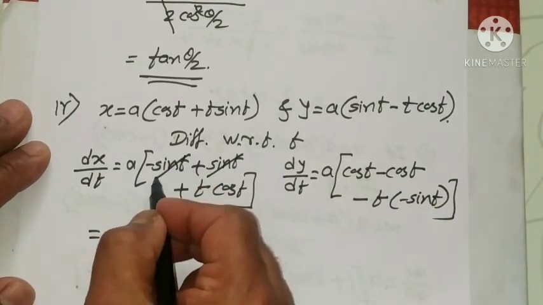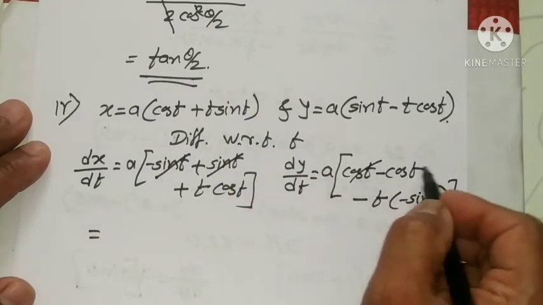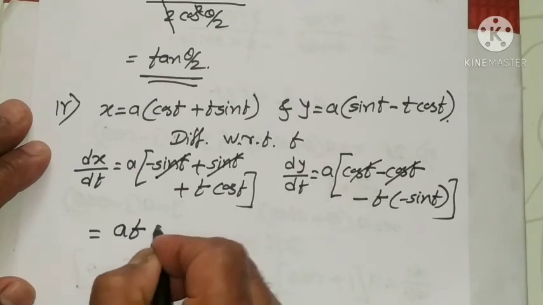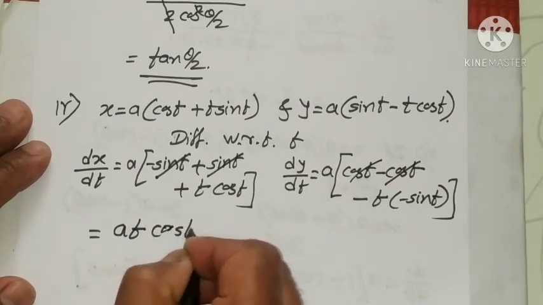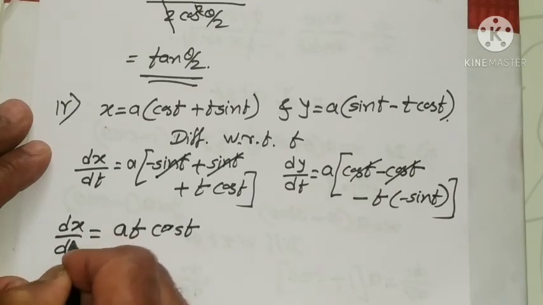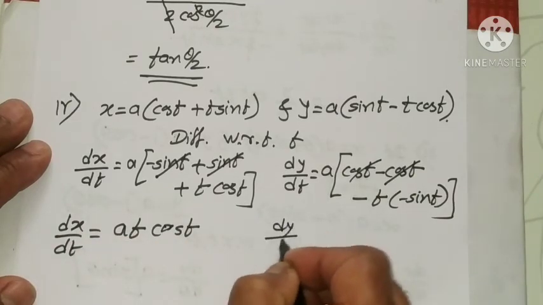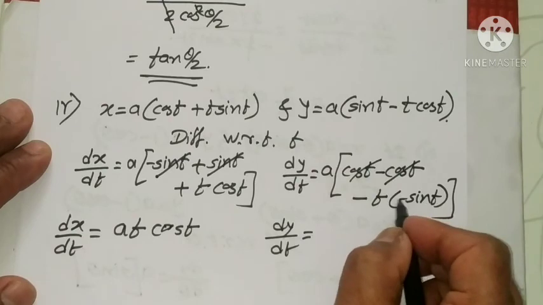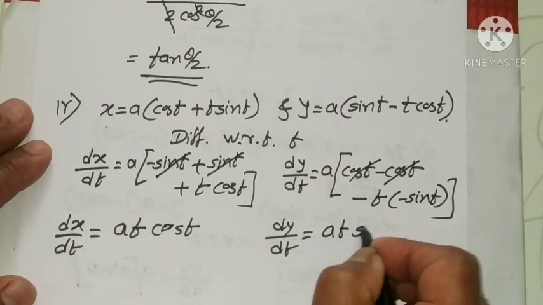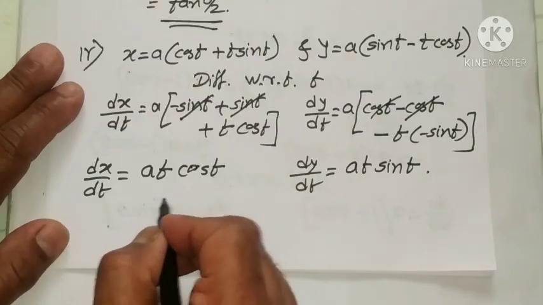Minus sin get cancelled, plus cos minus cos get cancelled. a t cos t is the value of dx upon dt and dy upon dt is equals to minus minus plus a t sin t.